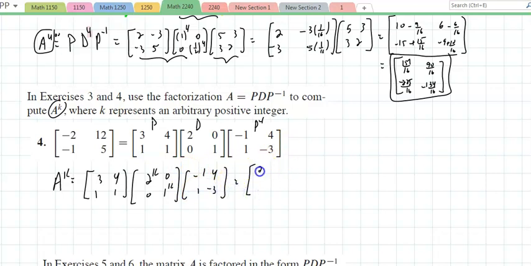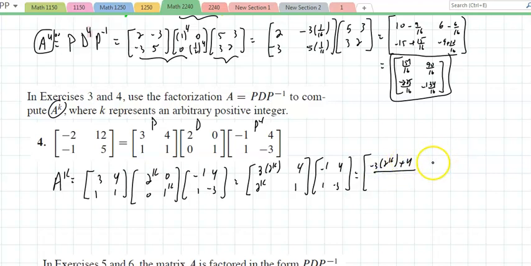And that would be 3 times 2 to the k plus 0, 0 plus 4, 2 to the k plus 0, and 0 plus 1 to the k is 1, multiplied by negative 1, 4, 1, negative 3, and that would be a negative 3 times 2 to the k plus 4, and 12 times 2 to the k minus 12, so that's 11 times 2 to the k, and negative 2 to the k plus 1, and 4 times 2 to the k minus 3.